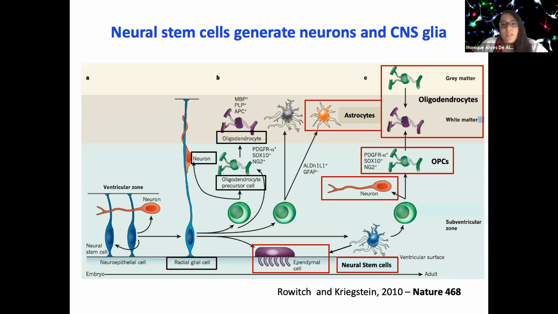OPCs are distributed throughout the brain and may also generate oligodendrocytes. So this is what we learn from here, that neural stem cells generate neurons, OPCs, oligodendrocytes, astrocytes, and ependymal cells in the CNS. This slide is just a representation of the cortex, but obviously radial glial cells make up the whole brain.